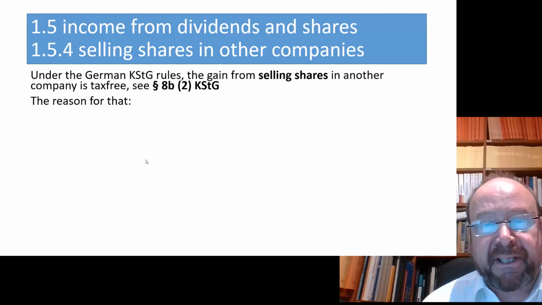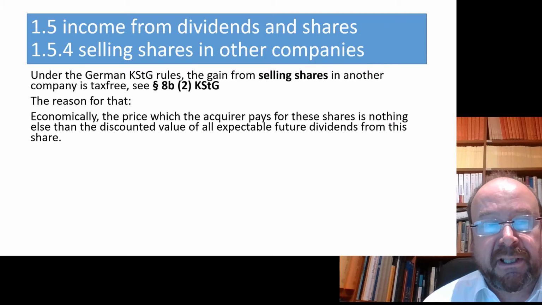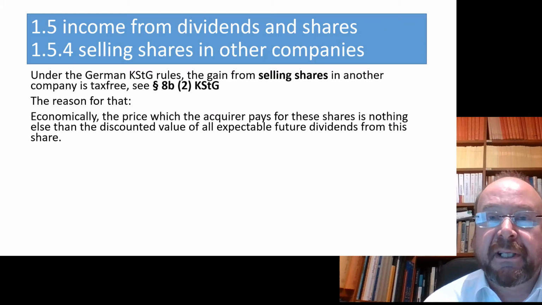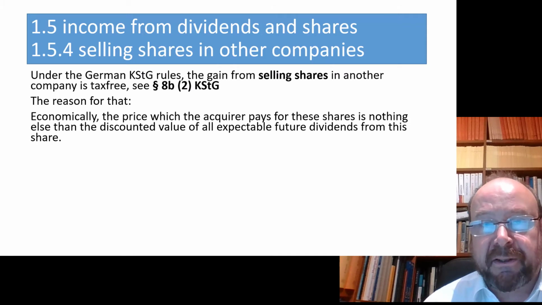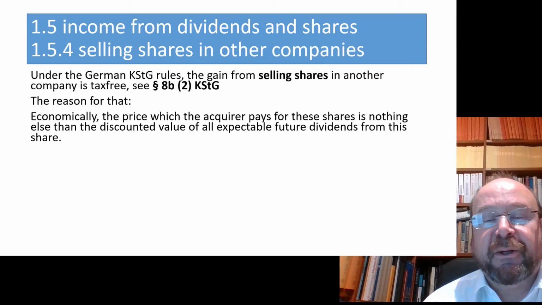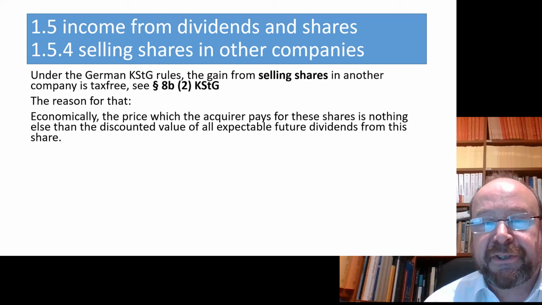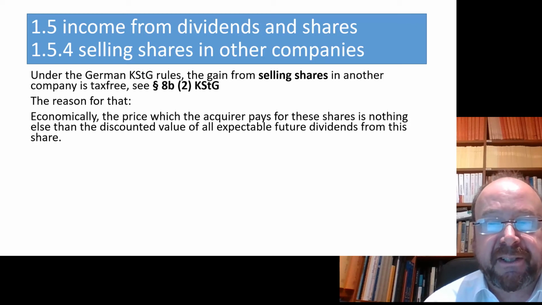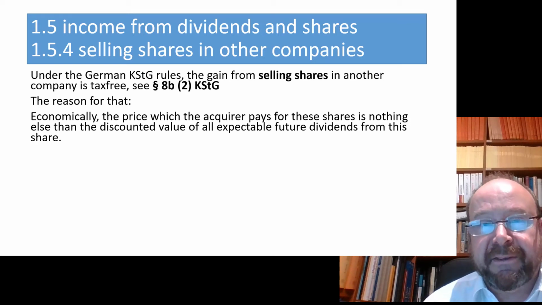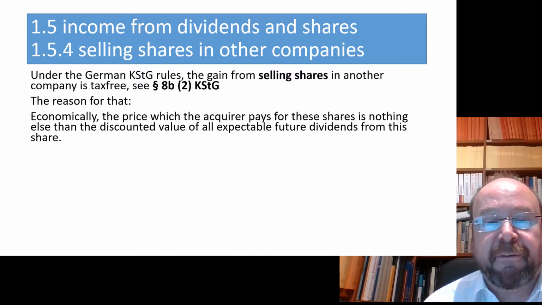The reason for that tax exemption is an economic one, because economy says the price which an acquirer, who or which in case of a company is reasonable, pays for the shares will be nothing else than the discounted value of all the expected future dividends which are expected to flow from that share in the future.